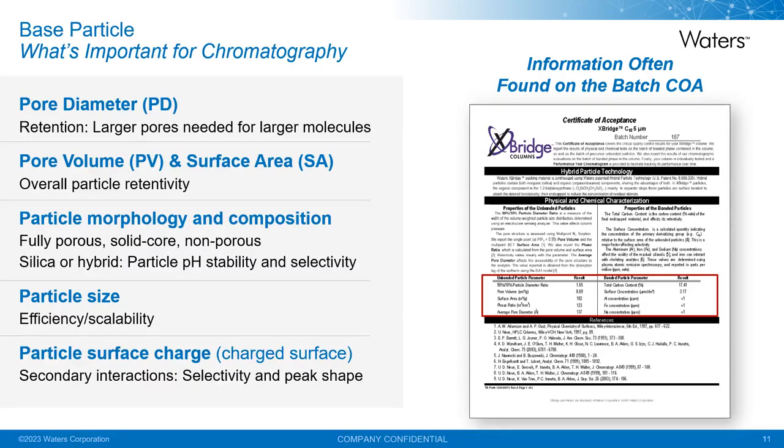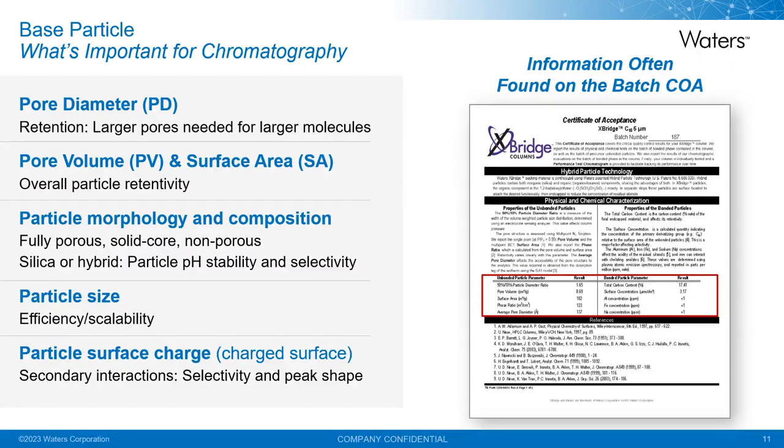We have the particle morphology and composition, which can include fully porous, solid core, and non-porous. We also have the choice of silica particles or hybrid particles, which impact the particle pH stability and selectivity. We have the particle size, which influences the efficiency and scalability of a method.